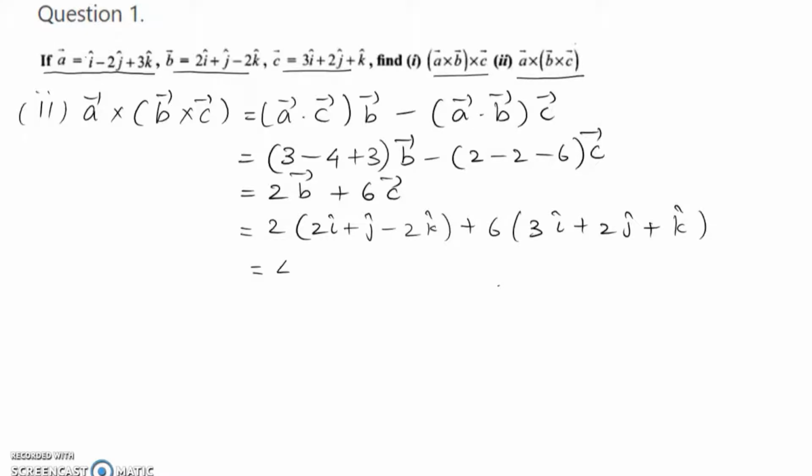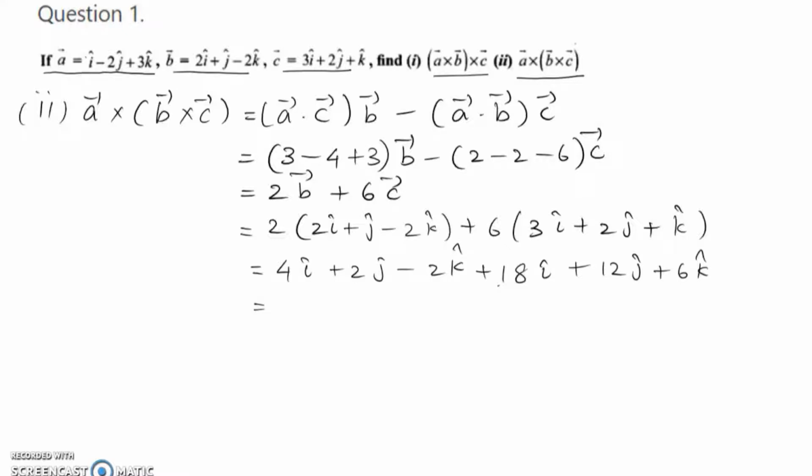So simplifying, 4 i cap plus 2 j cap minus 2 k cap plus 18 i cap plus 12 j cap plus 6 k cap.